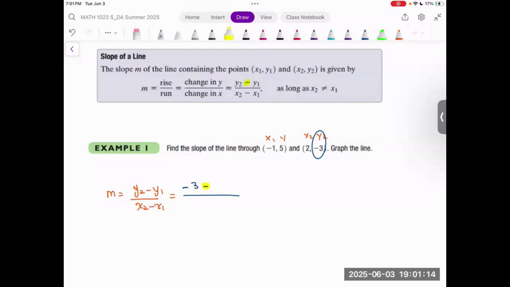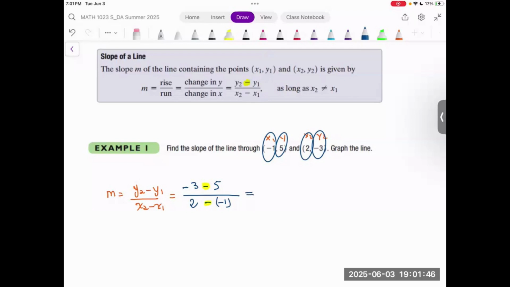And y1 is this one here, minus 5. So far so good. Now for the other one, x2 is going to be 2. Minus sign again, this belongs to the formula. And this one is x1, which is minus 1. Because there is a minus minus, I put parentheses there, right? So far so good.